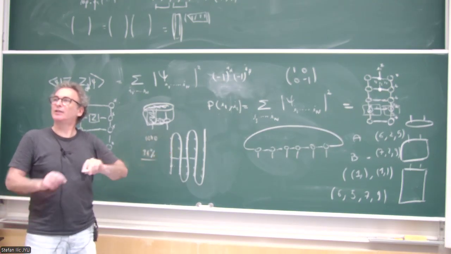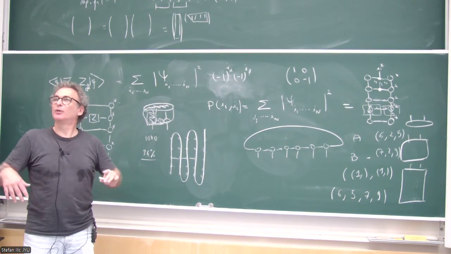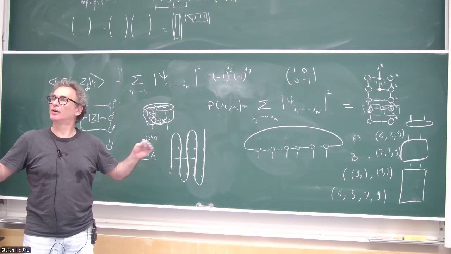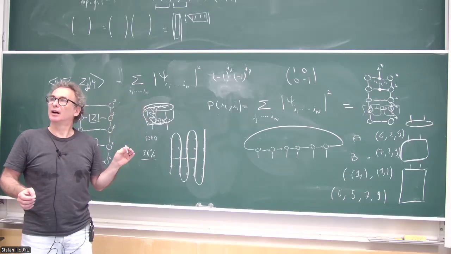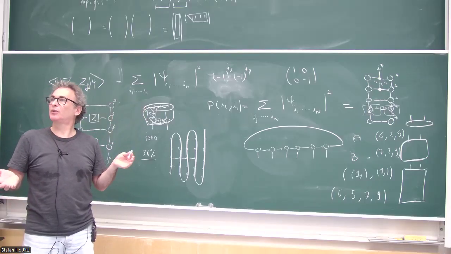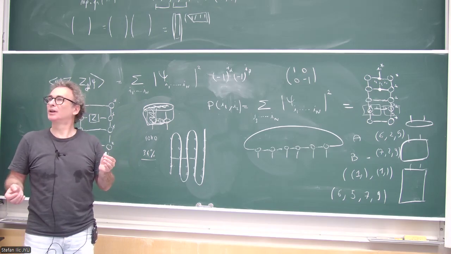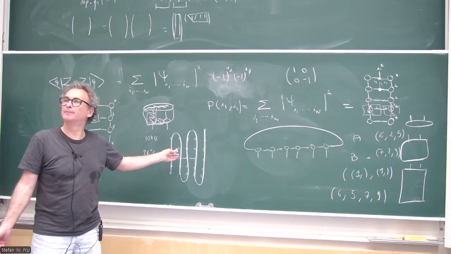If the gate is all-to-all, for instance with ion traps, you are using the coupling of your ions to the phonon of the ions, and you can couple anyone to anyone, which means that sometimes you can do something in much fewer gates than if you only have nearest neighbor.